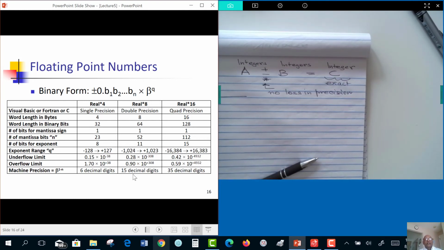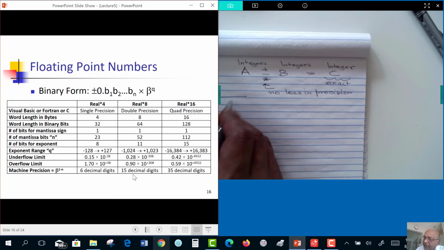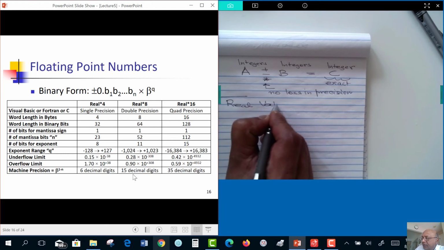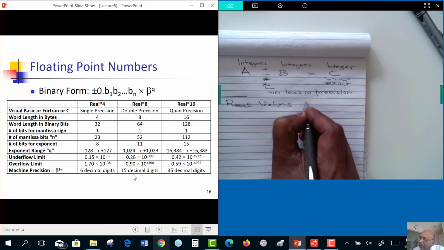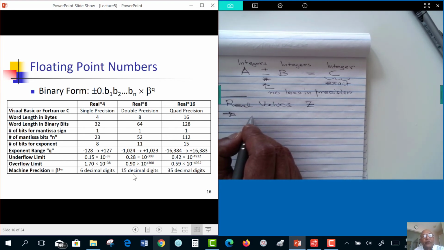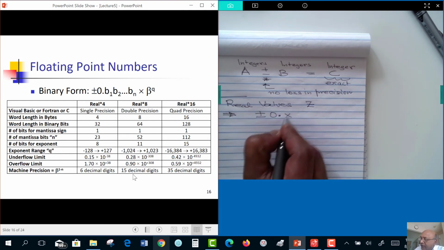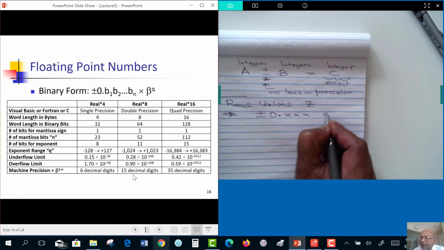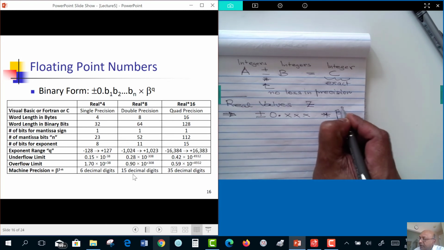Okay, so now let's see when we are storing real values. When we want to store real values, let's say z, first we state this z in floating point notation. So we will write it as plus or minus 0 dot xxxx times beta to the power some q.